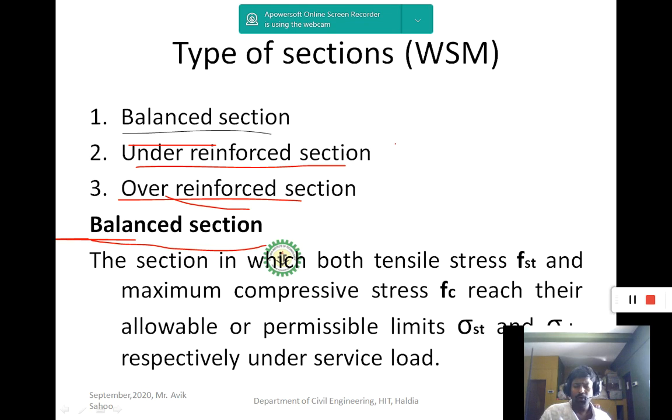So when the topmost fiber reaches the allowable compressive stress, and as well as when the steel reaches the allowable tensile stress, at that time the section is called a balanced section. It means that when both materials attain permissible stresses simultaneously under service load, that section is called a balanced section.